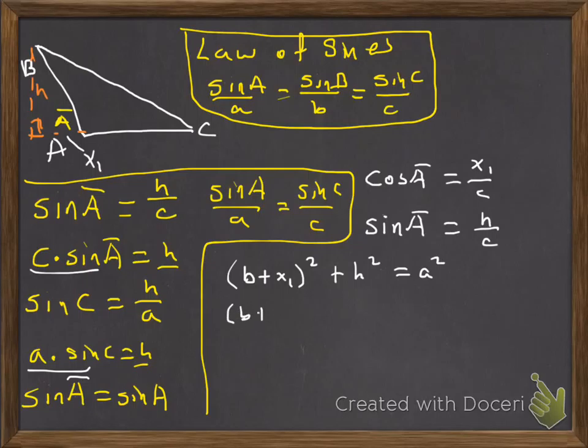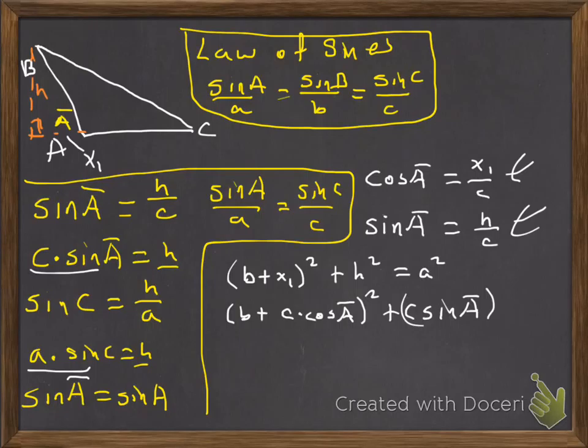So B plus x1 is going to be C times cosine A bar, quantity squared, plus h is C times sine of A bar, quantity squared, and that's going to be equal to A squared.